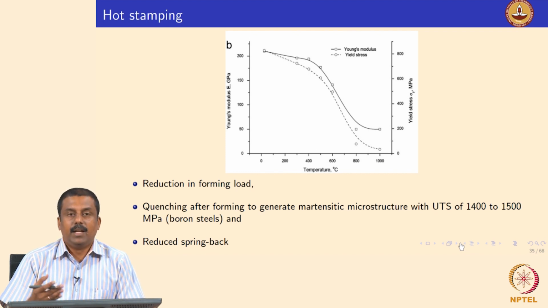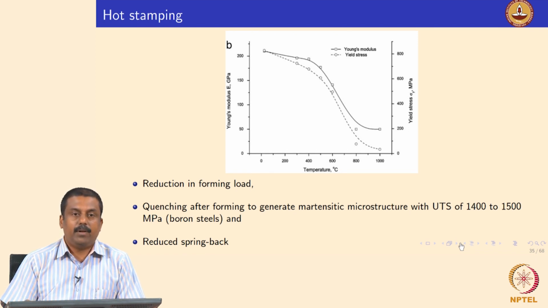For example, in a mild steel or HSLA steel, the UTS would be around 350 to 400 megapascal, or even less than that. So we take the ferritic pearlitic microstructure, and we heat it up to temperatures where we have fully austenitic microstructures.